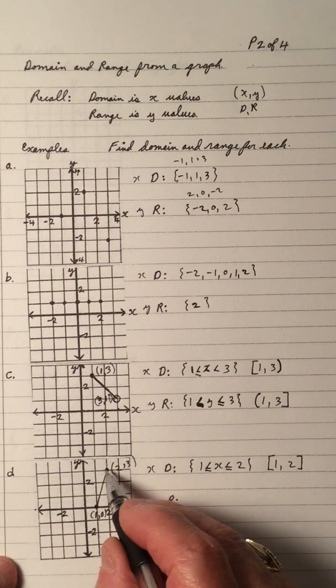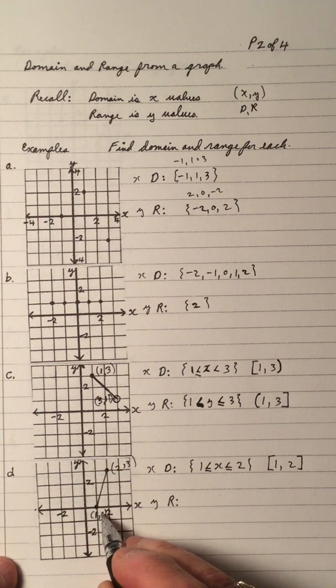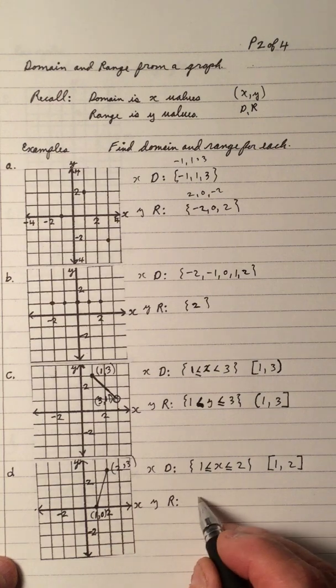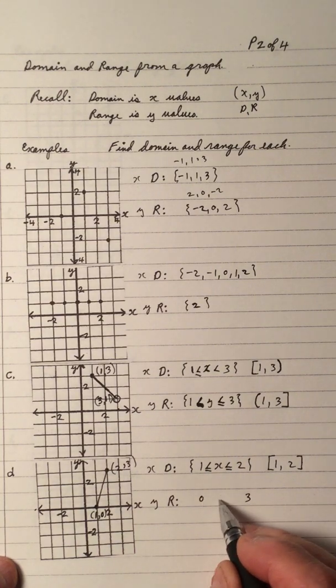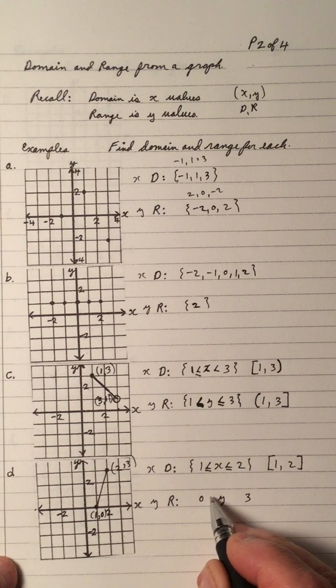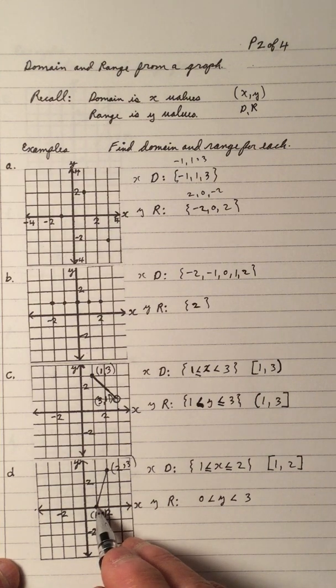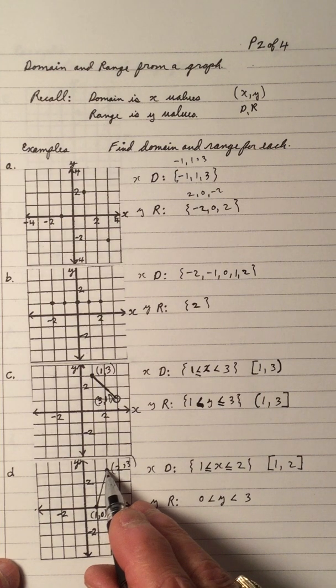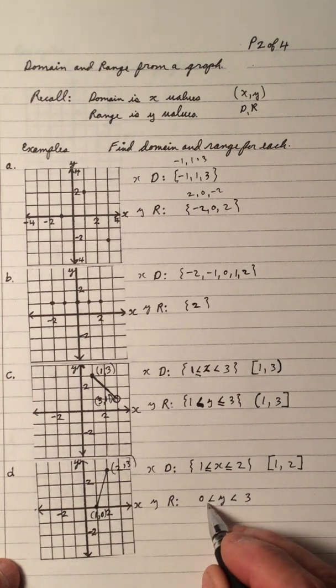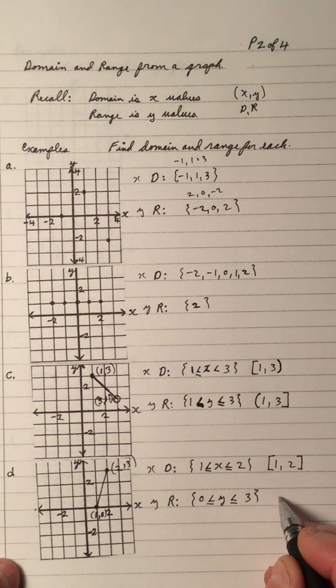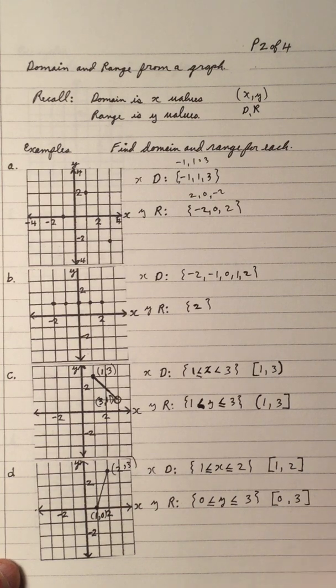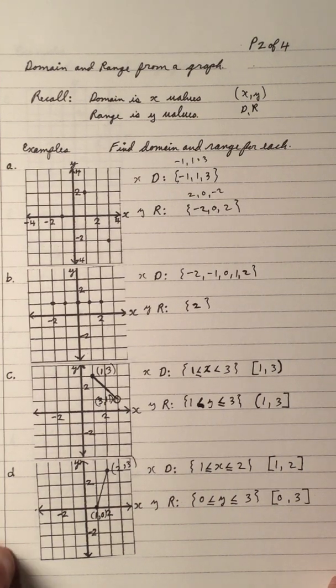Looking here, the y values go up and down, so the y values are 0 to a 3, so 0 to a 3, we're talking about the y's. 0 is less than or equal to y, less than or equal to 3, and 0 is a solid point and 3 is a solid point, 2 solid points, so that's equal to with the bars. And so we have 0, 3, in square brackets, meaning the 0 and the 3 are included.